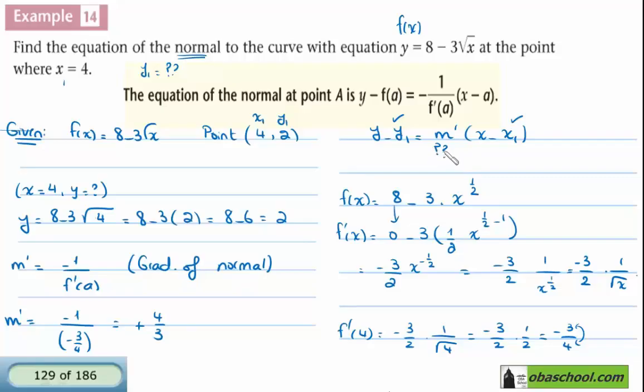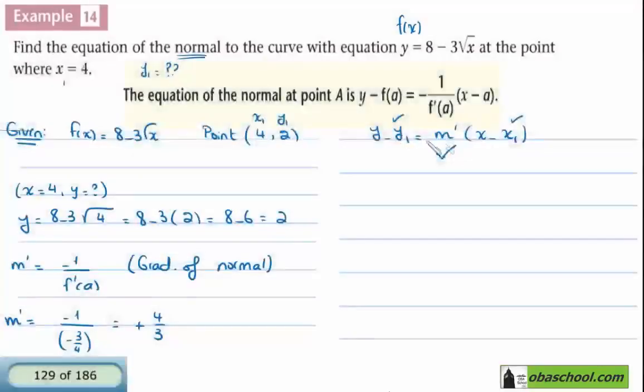Let's now substitute all the given in the equation for the normal line. So we get y minus y1, that is equal to 2, we calculated previously, equal to m prime, that is 4 over 3, we just calculated, so it's multiplied by x minus x1, that is equal to 4, and this is given.